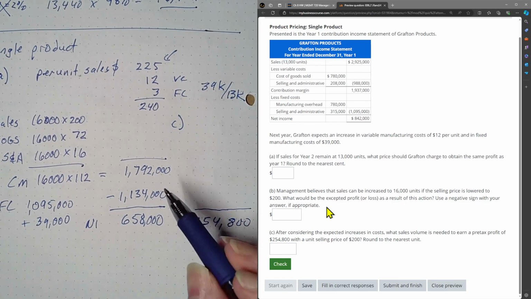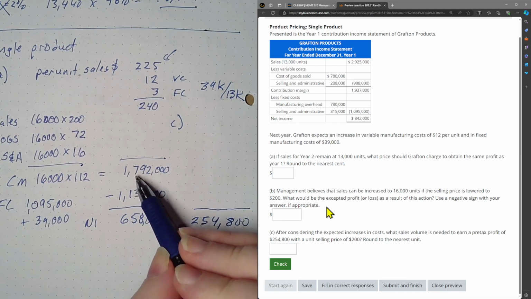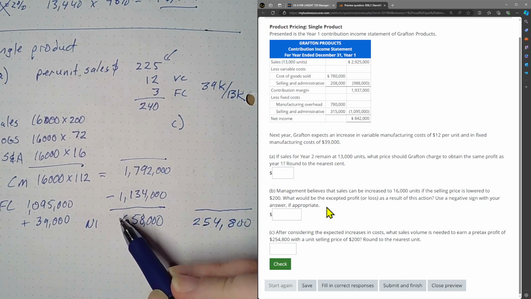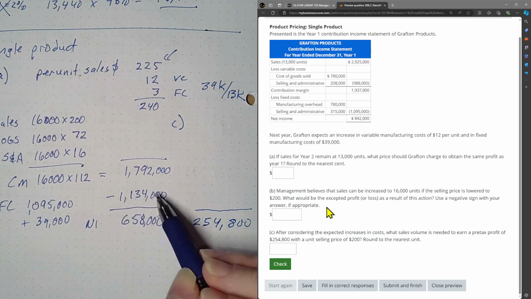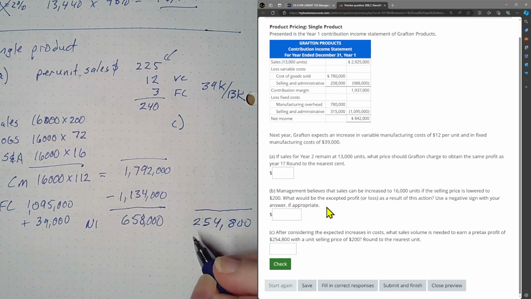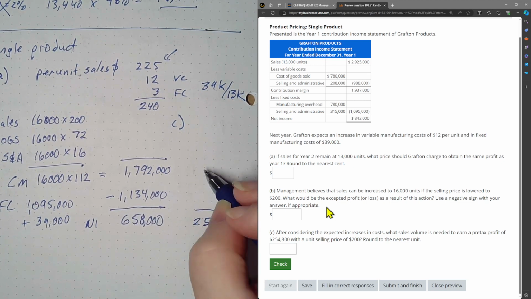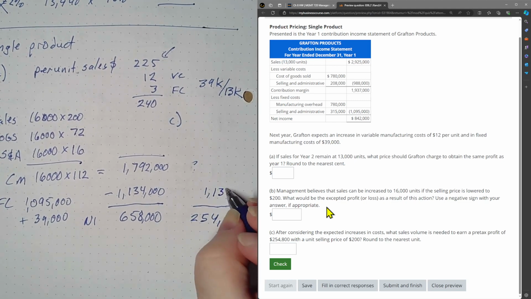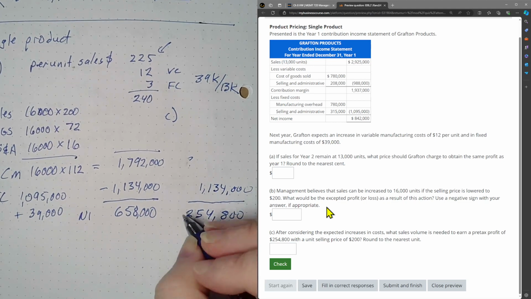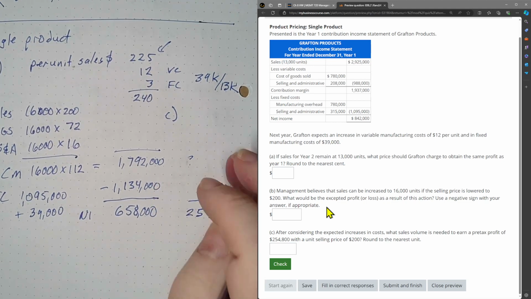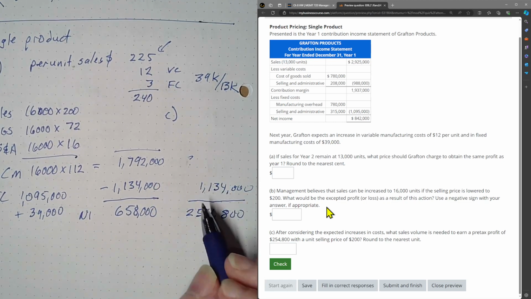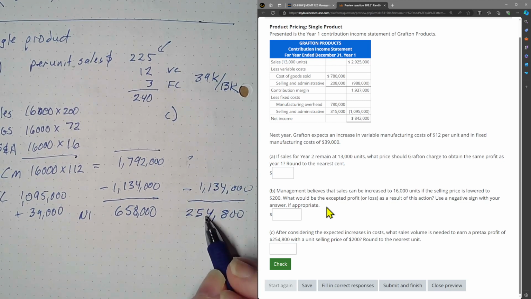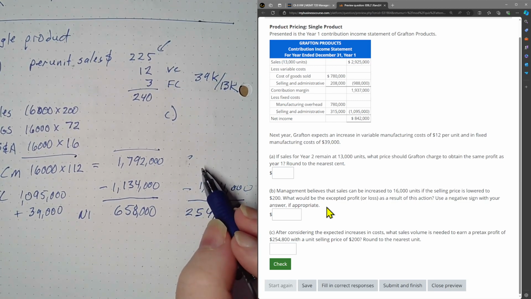Right? So think about this. The contribution margin minus the fixed cost equals net income. Well, this is going to stay the same. So net income minus 1134 equals blank minus this equals 254. So this plus this is going to equal my contribution margin.